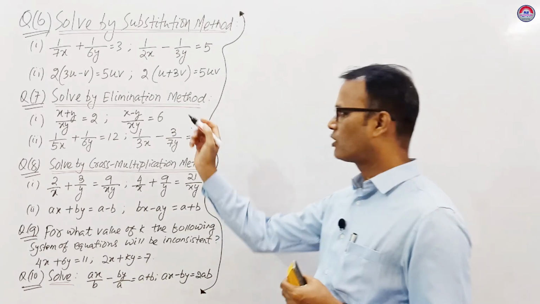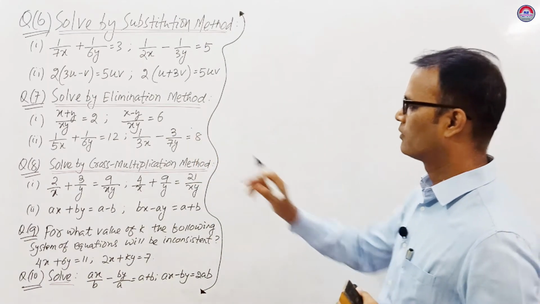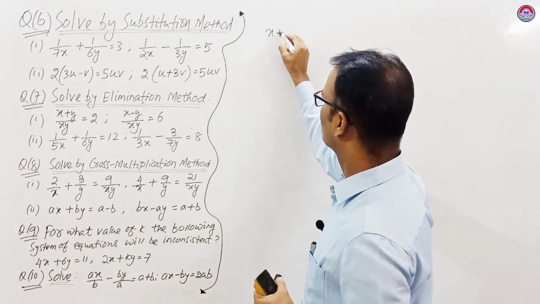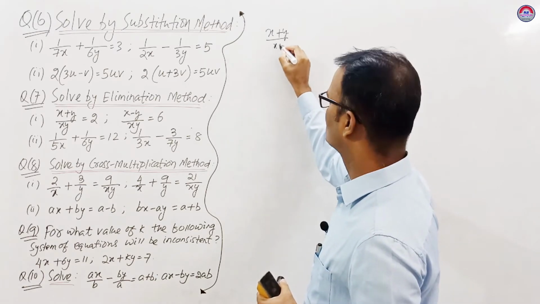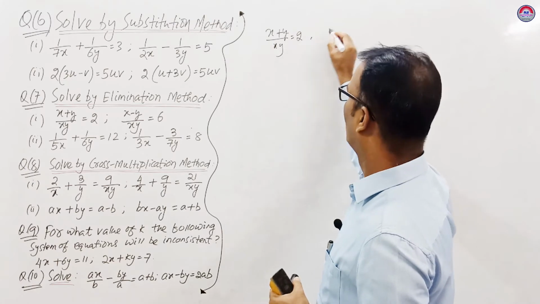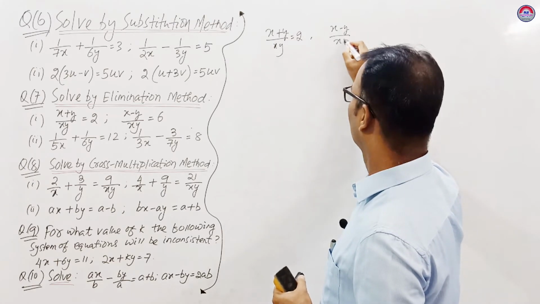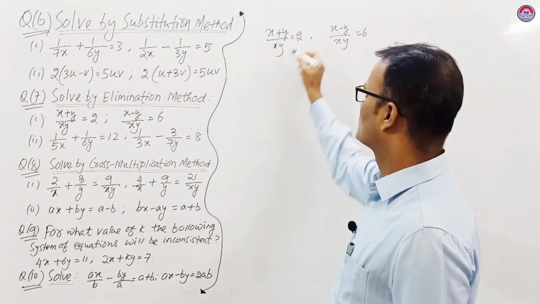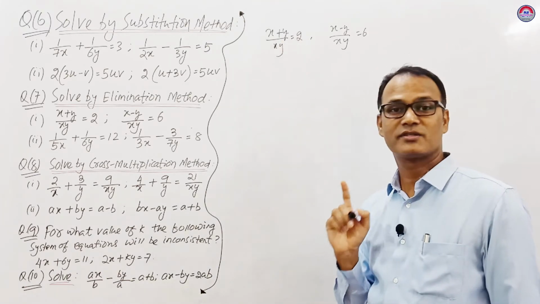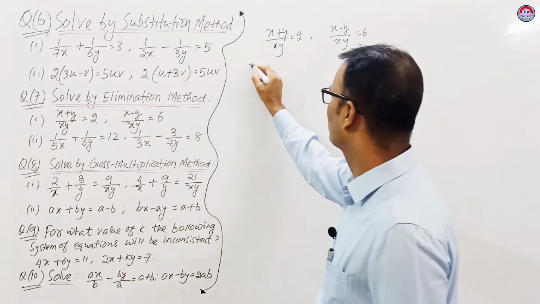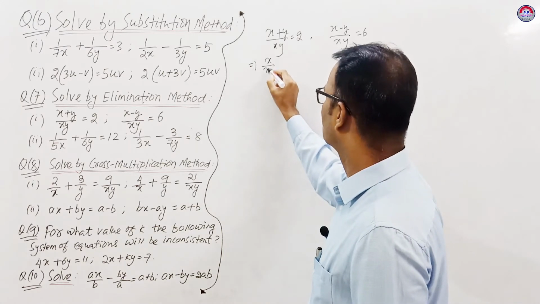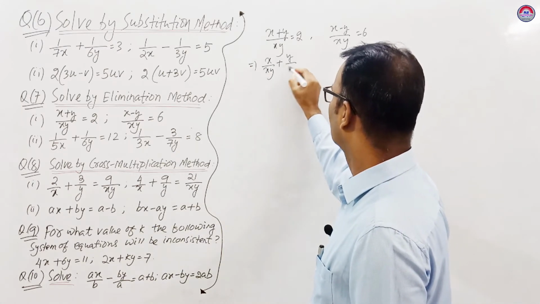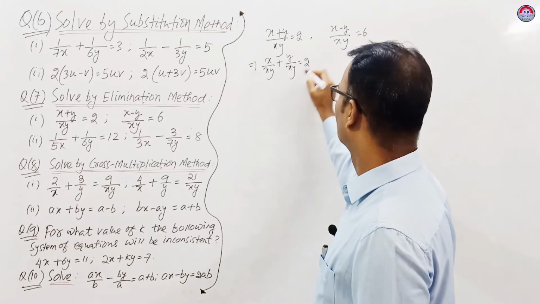Okay. Number 7, solve by elimination method. First question, x plus y by xy equal to 2 and x minus y by xy is equal to 6. So see here, this is not in the form of ax plus by plus c equal to 0. So change this one. Now you can write x by xy plus y by xy is equal to 2.